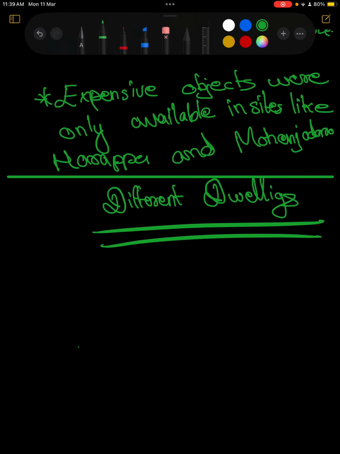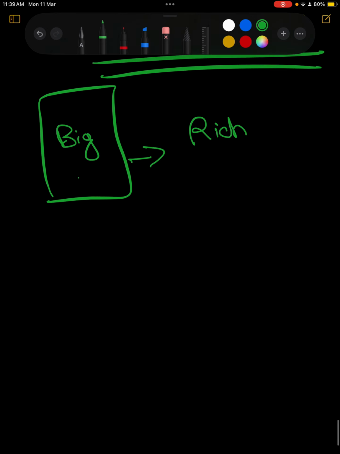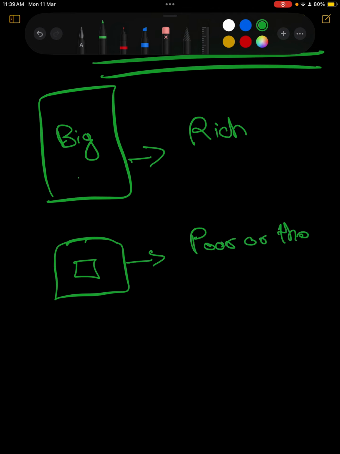Of course, big houses were meant for the rich, while a single roomed cottage was used for the poor or the common people.